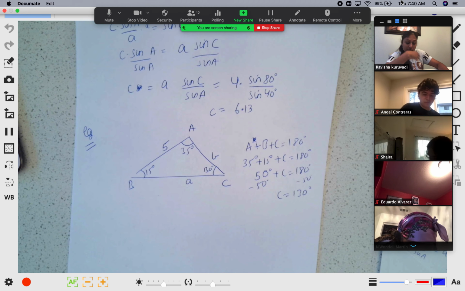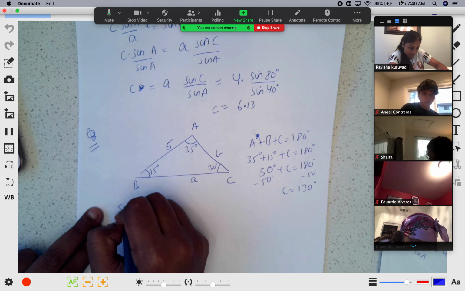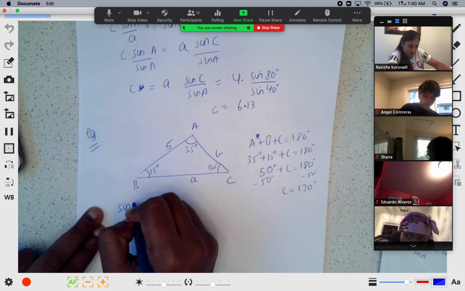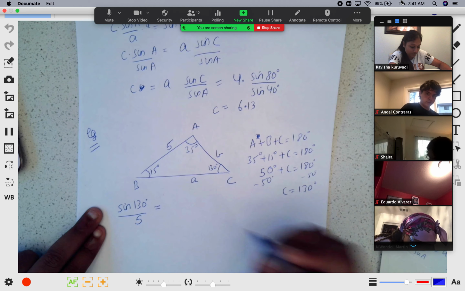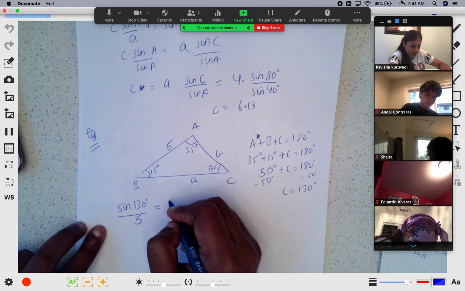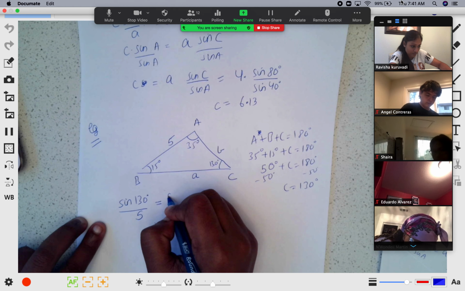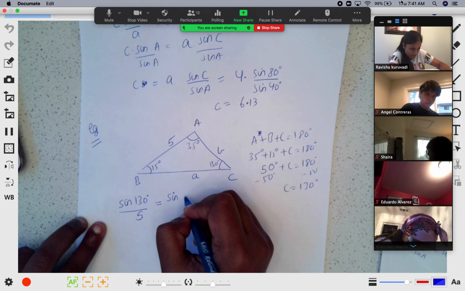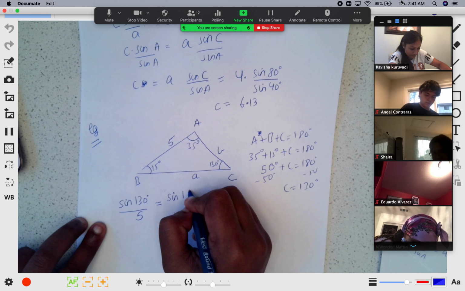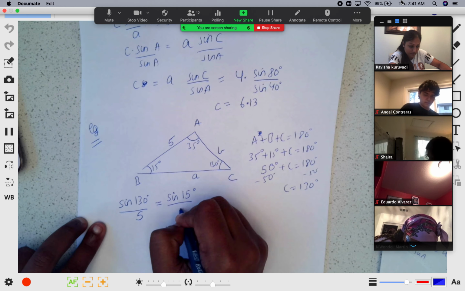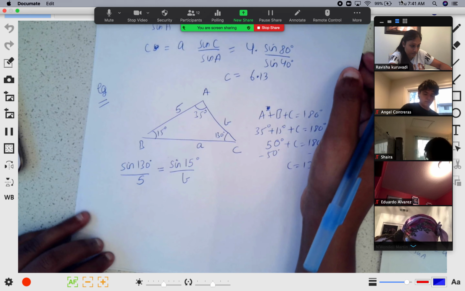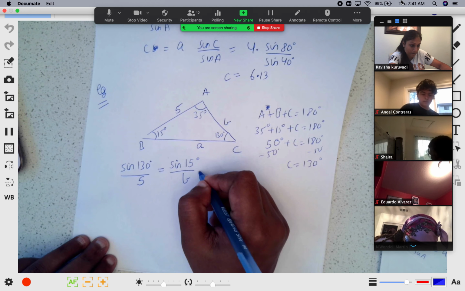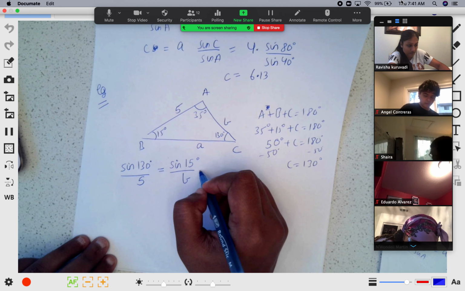Then we use law of sines. So it's sine 130 over 5, and then we either find B or A. We'll just do B. So it's sine 15 over B. Then multiply the right side by B to get rid of the denominator.